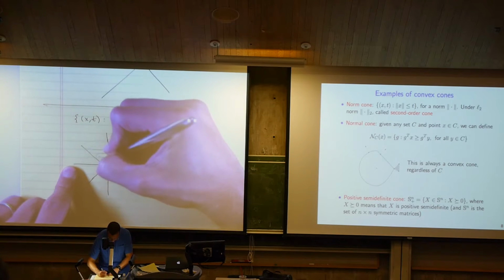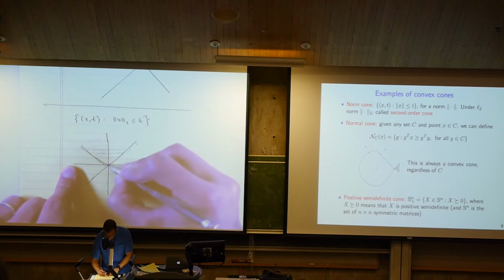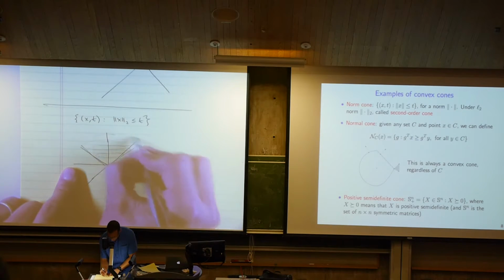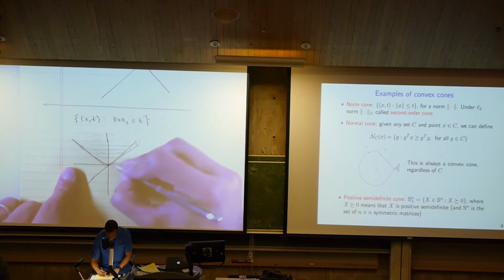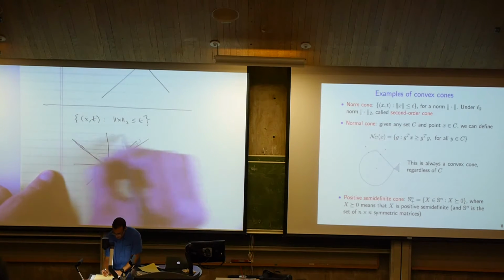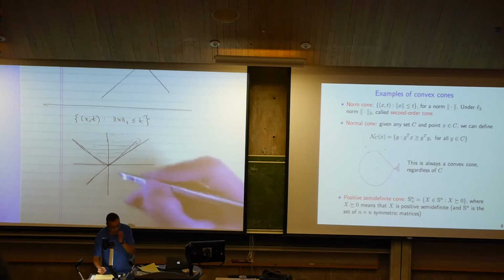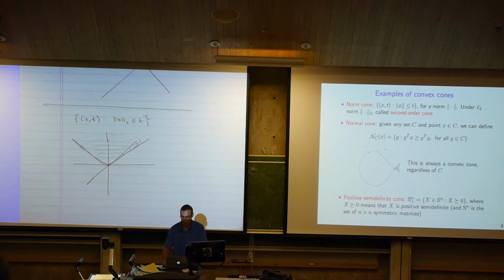So this is what this convex cone looks like. It's all of this thing I'm drawing, extending out from 0. Everything in here is the second order cone, where x is in 2 dimensions and t is, as always, 1-dimensional.